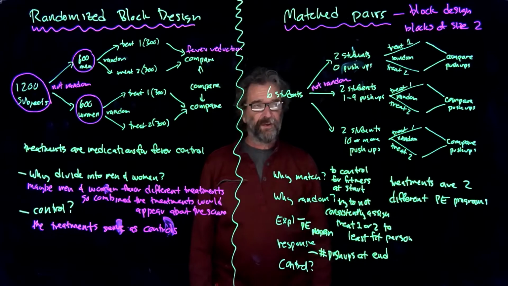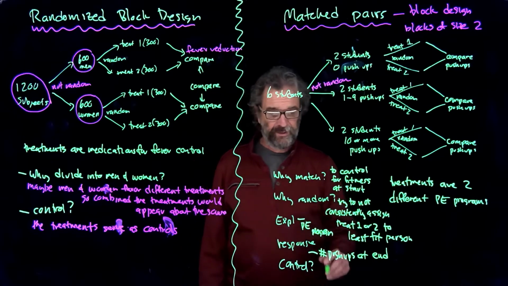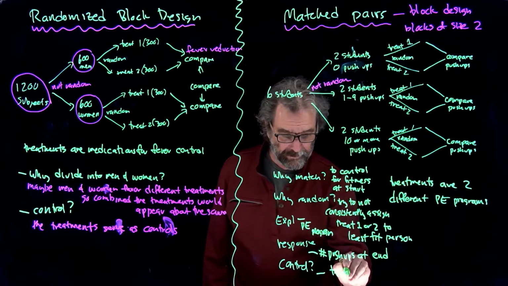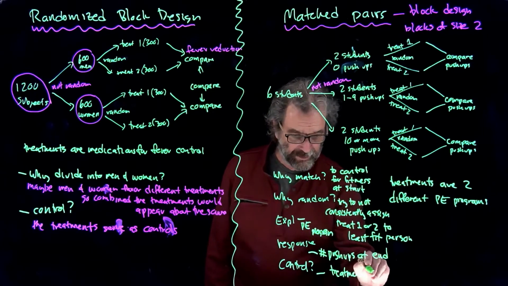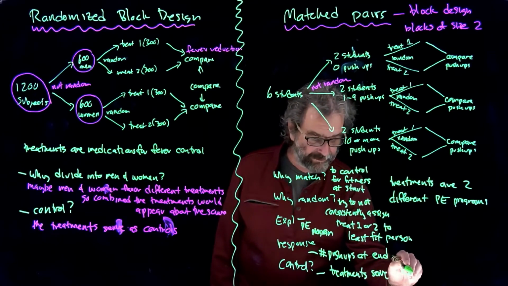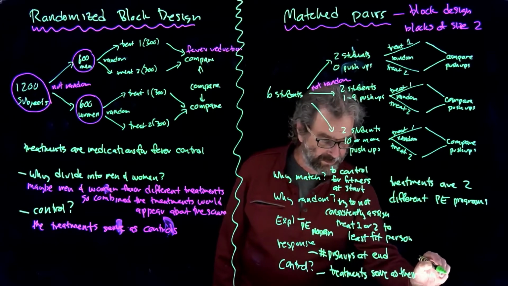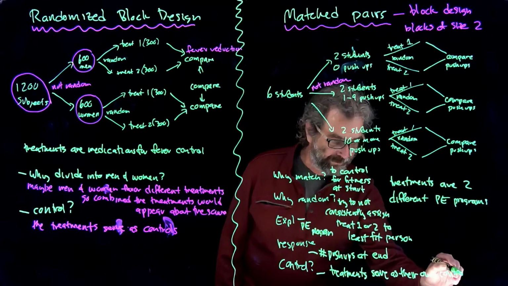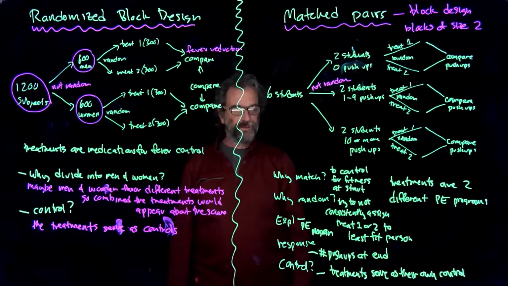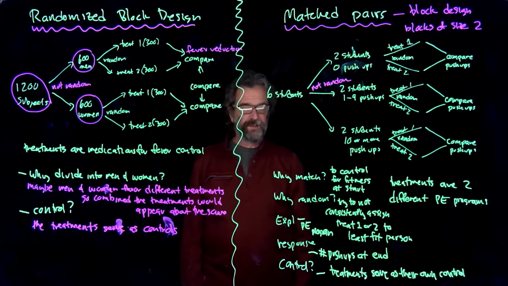And control, we don't need a control group either because the treatments serve as their own control. We don't want to compare the two possible treatments to doing nothing. Doing nothing is not going to make you stronger, you would think. So we just want to compare the two kinds of treatments. When you're doing that, you don't need a control group.